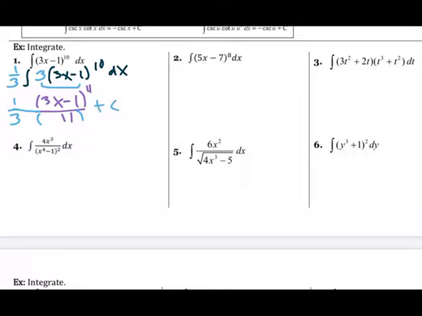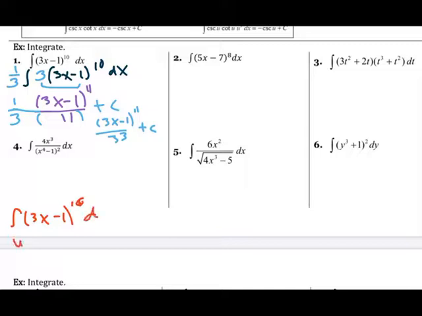So this is going to be 3x minus 1 to the power of 11 over 33 plus c. So again, just real quickly, I'm not going to do this on every problem, but if you're having trouble seeing how this works, think about it this way. The integral of 3x minus 1 to the 10th power, whoops, not the 110th power.